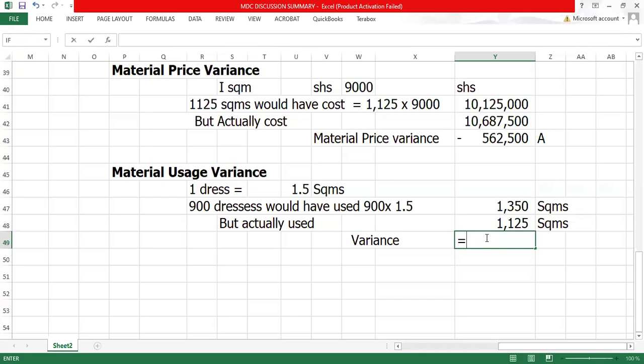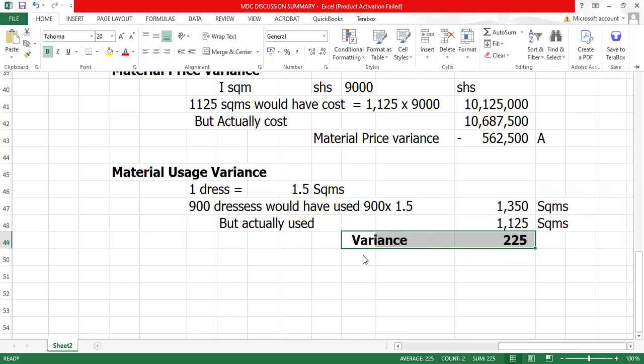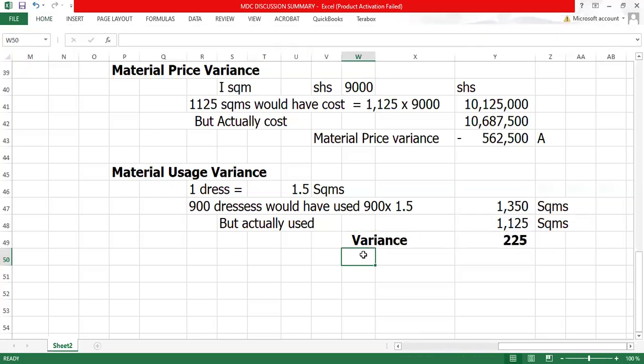They used less compared to the budget. That shows that they are efficient in terms of using materials. So this is favorable, not negative.